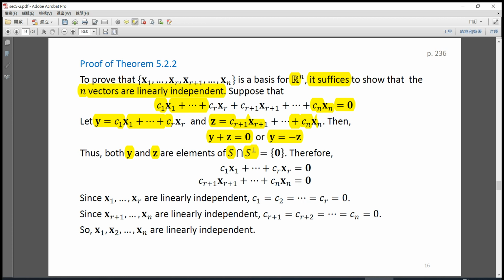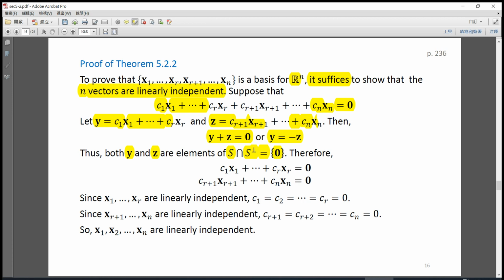And recall that S and S perp are orthogonal subspaces, so the intersection of S and S perp is the set containing only the zero vector. Therefore, both y and z are the zero vector.